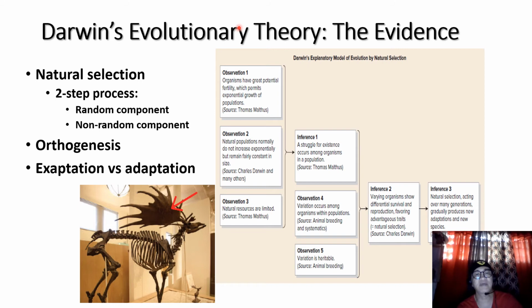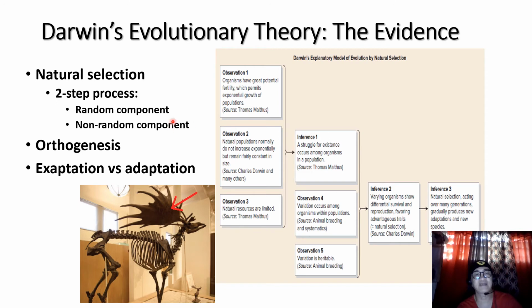The non-random component, on the other hand, is the survival of the organisms with differing traits. In the process of variation, some of the members of the population will be selected or adapted to survive in their environment.